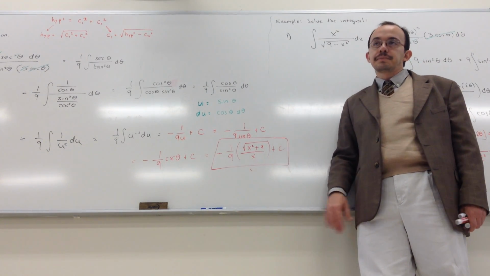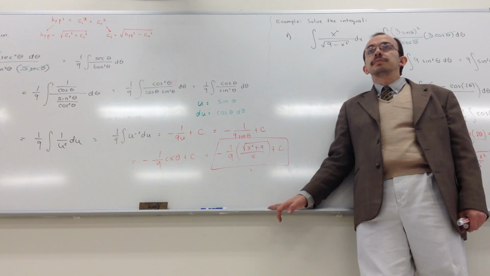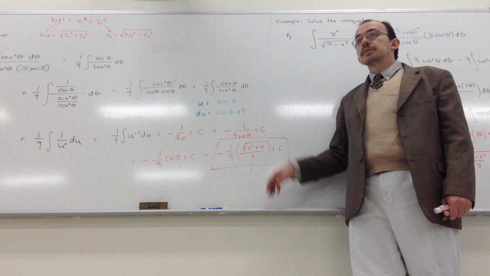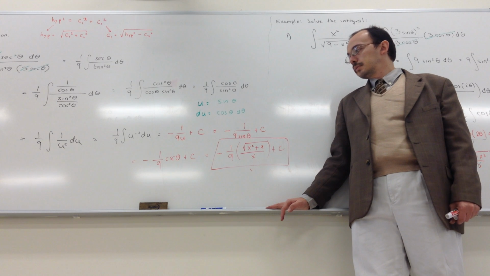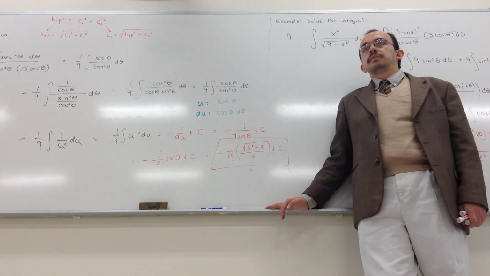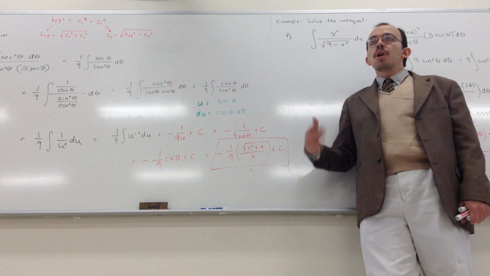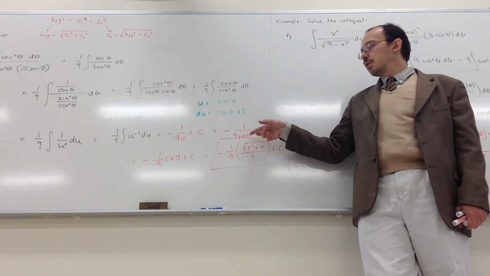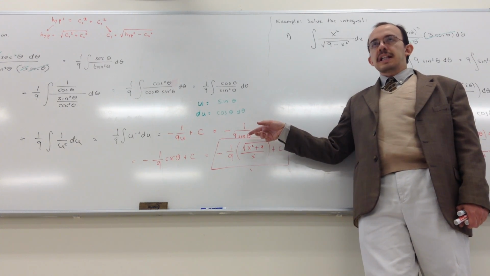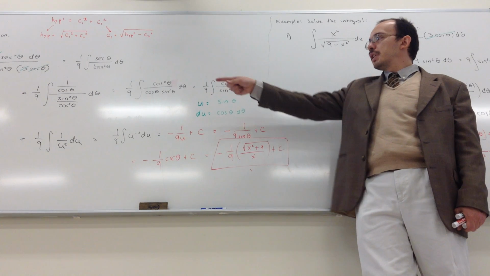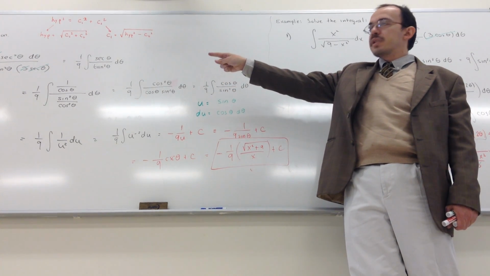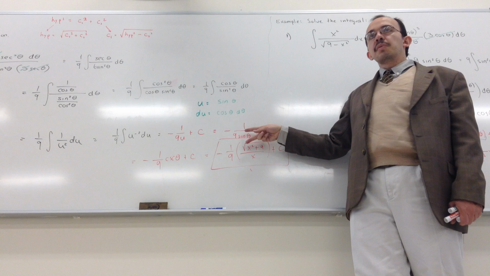That's the answer. ¿De dónde salió el cosecant? 1 over 7. Or you want to change 1 over sine and do it directly from here, I'll allow it, because sine is going to be x over the square root, but in the denominator.